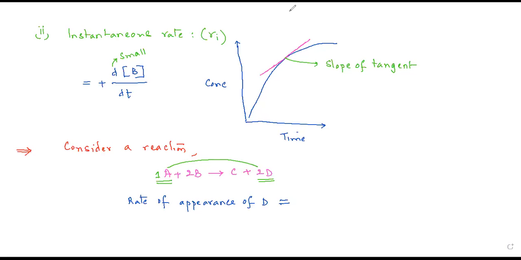So rate of appearance of D can be given as 2 times the rate of disappearance of A. Okay.